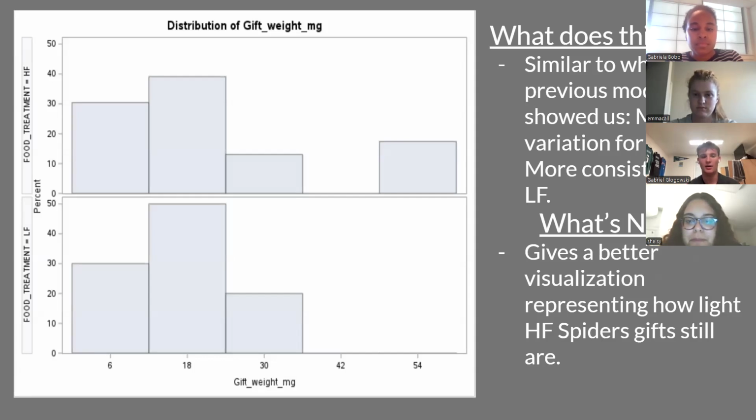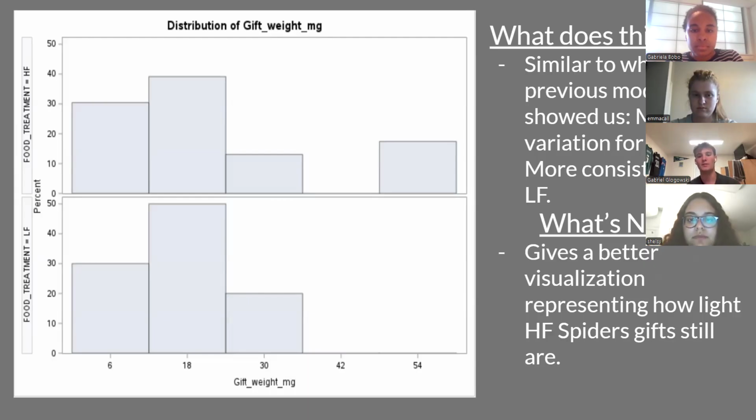Here we have our histogram. So what does this show? So similarly to the previous model, it clearly shows the further variation between the high food diets versus the more consistent low food diet.